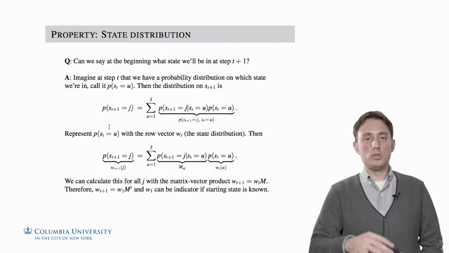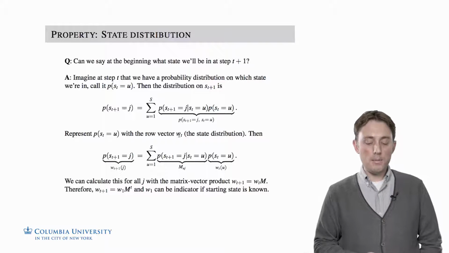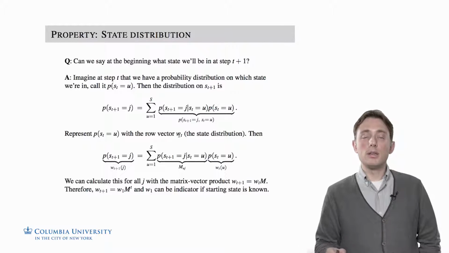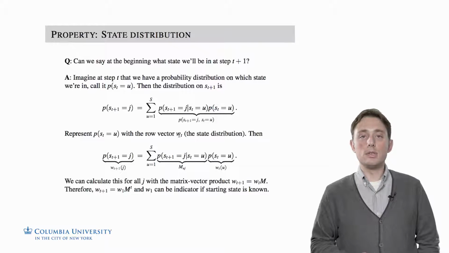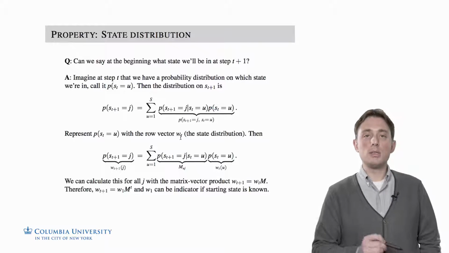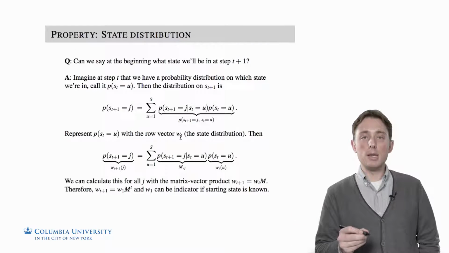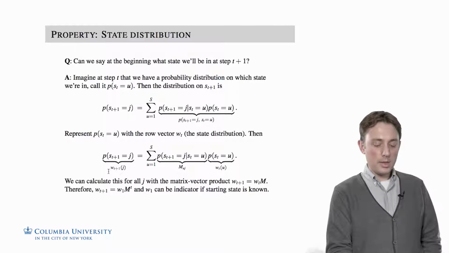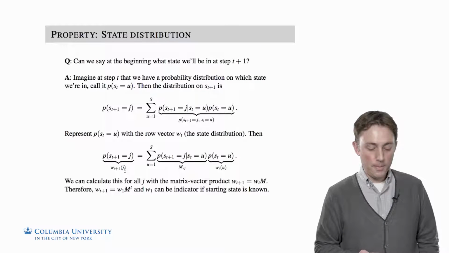So let's now change notation, and let w_t be a row vector of length S that gives me a probability distribution on the capital S different states at time t. So w_t is my marginal probability of which of the capital S states I'm in at time t. Then this probability is the vector w_{t+1} evaluated at dimension j.